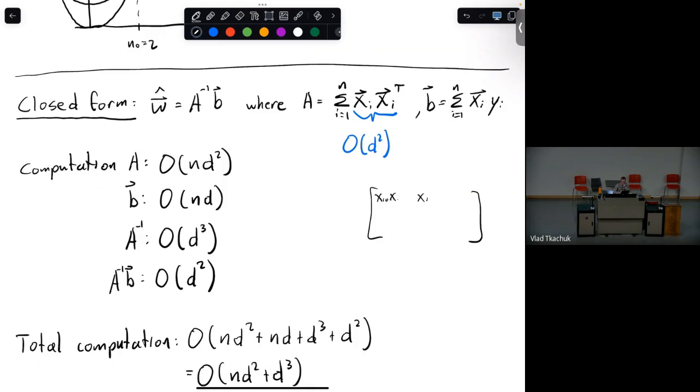So it's x_i0 times x_i0, x_i1 times x_i0, and you don't need to know any of this. Then x_i0 times x_i1, x_i1 times x_i1, and so on. You go this way and so on. So it's just a different equation for it.